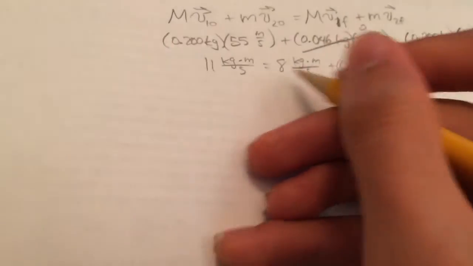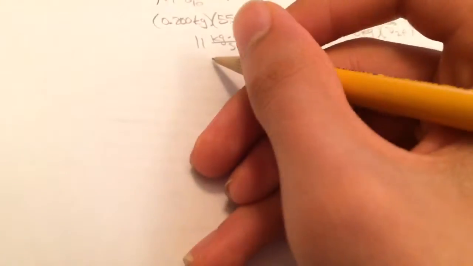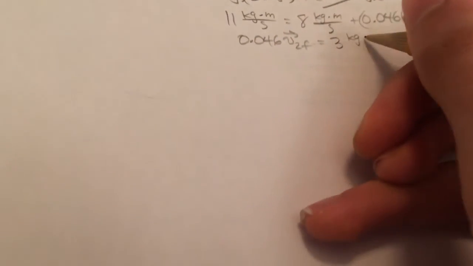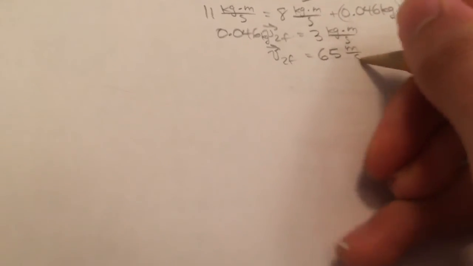We can subtract this quantity on the other side. 0.046 v2f is equal to 3 kilograms times meters per second. And if we divide on both sides, we get approximately 65 meters per second.